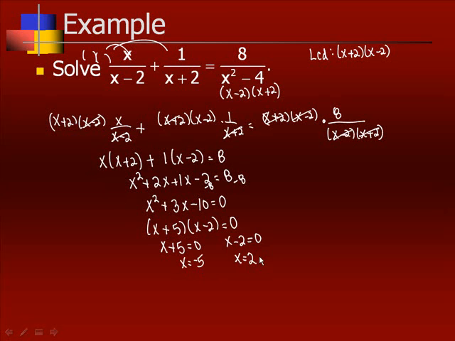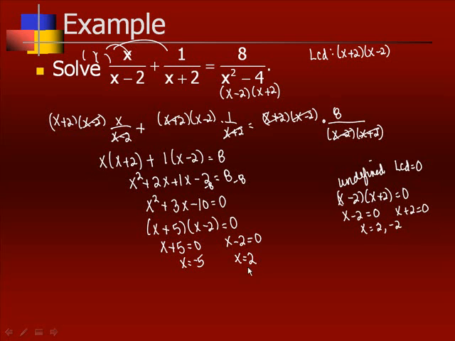Now, remember, we always need to go back and find what makes this problem undefined. So this problem will be undefined if the LCD is equal to 0, which means (x - 2)(x + 2) = 0. So it's undefined if x - 2 is 0 or if x + 2 is 0, which means it's undefined if x is 2 or if x is -2.